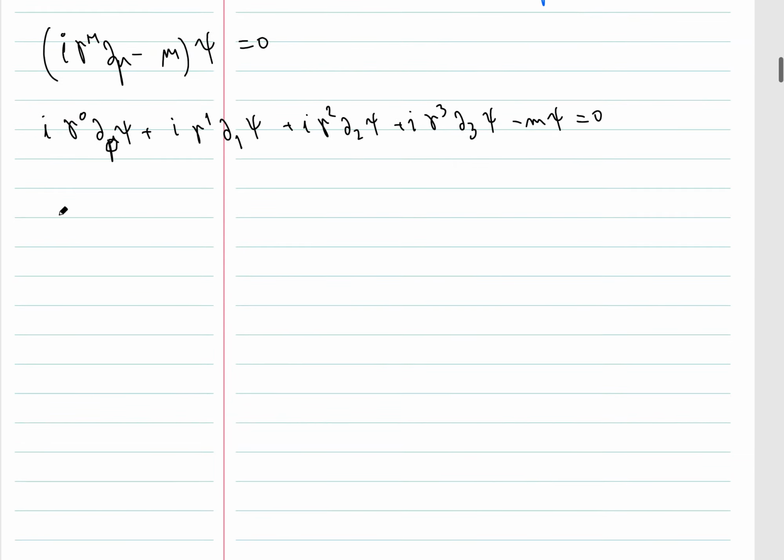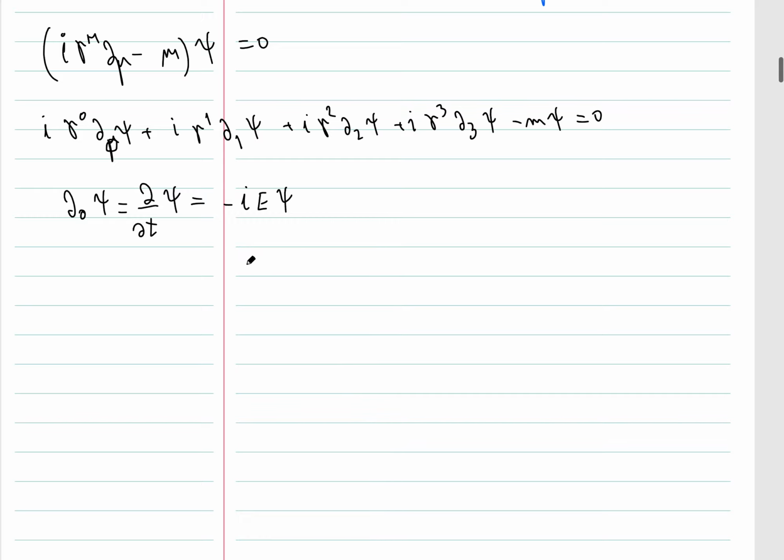And now when you try to find partial of 0 psi, this means the derivative in time of psi, which is minus i E psi.